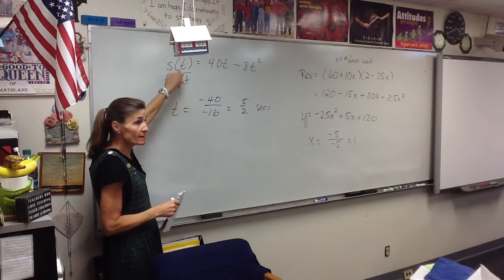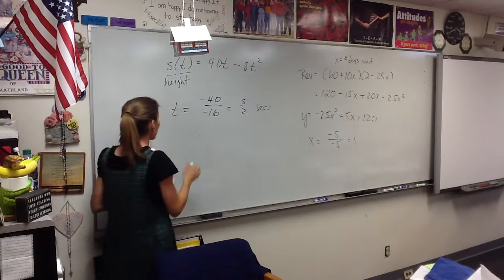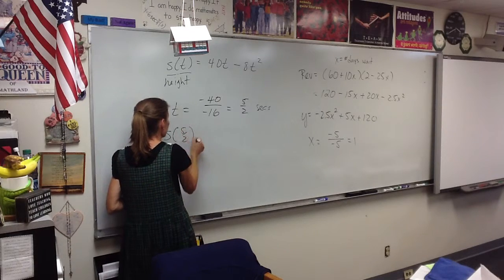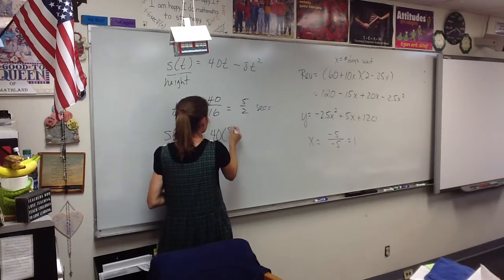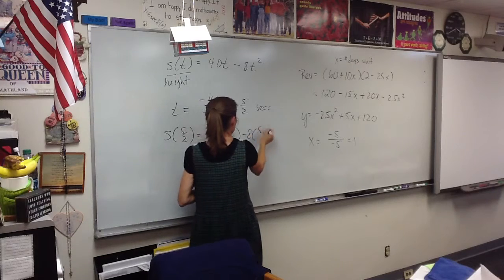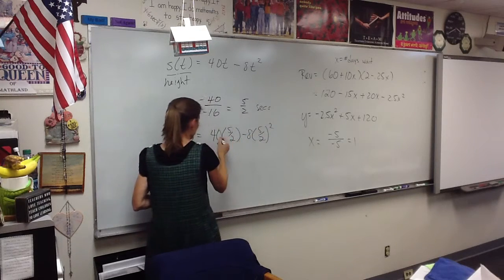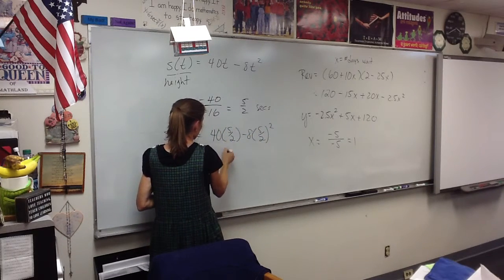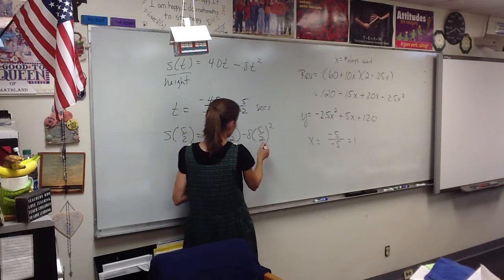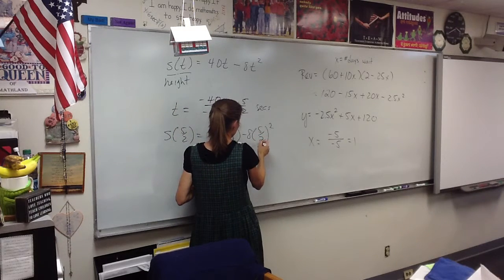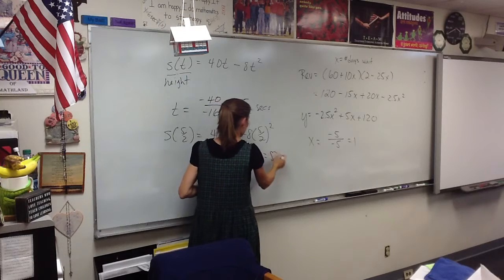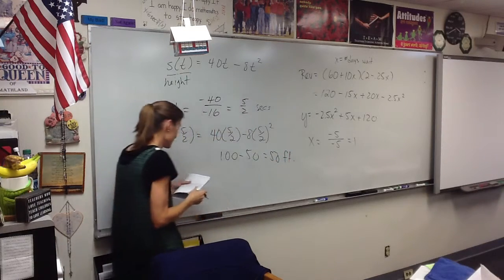How do I find the height? I plug 5/2 in for t. I find s of 5/2. So that is what, 100 minus 25, 4 is 50 feet? Double check my arithmetic.